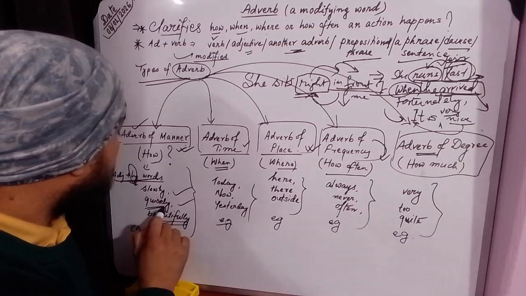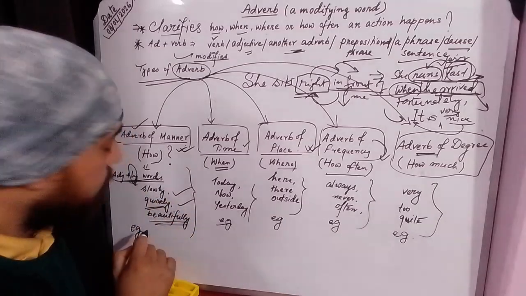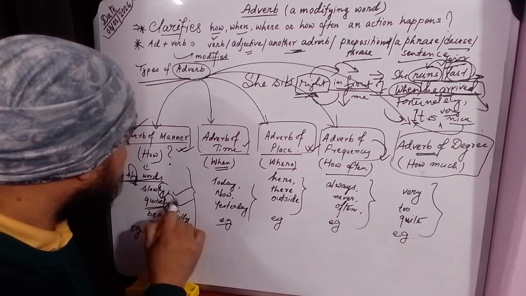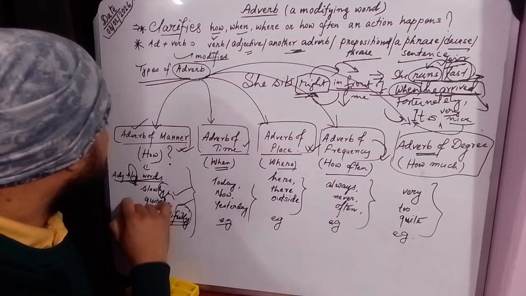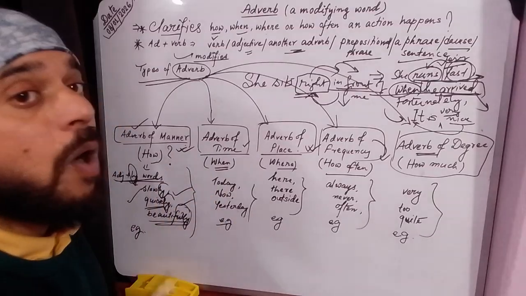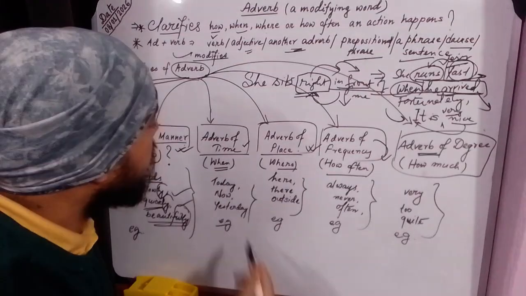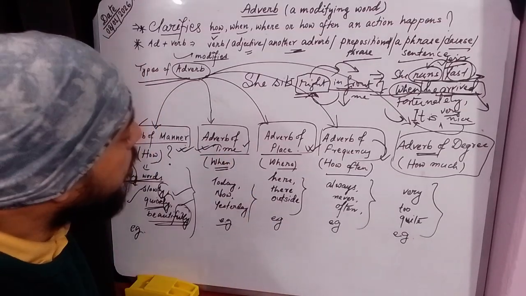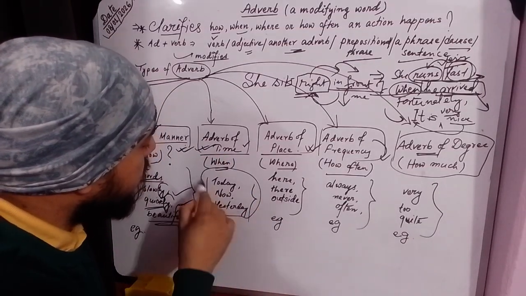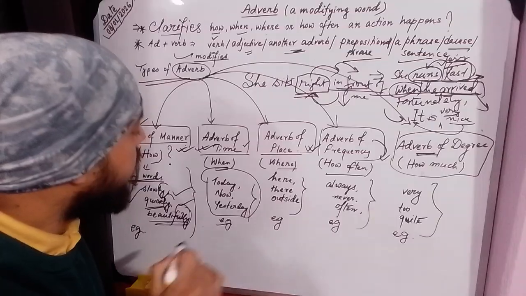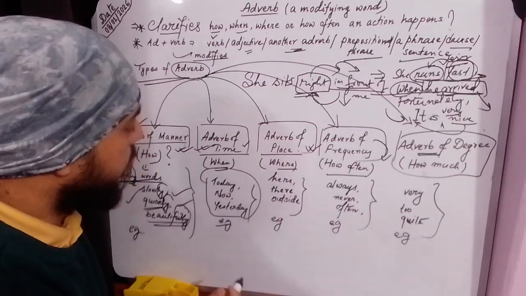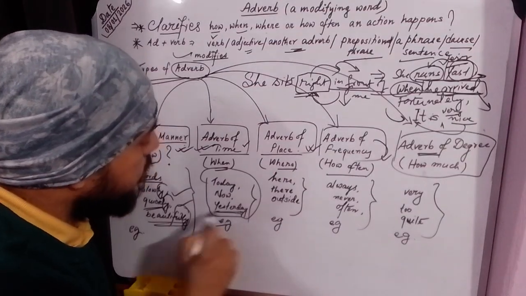He plays quickly. So these ly words are examples of adverb of manner, how the action is happening. Next comes adverb of time, today, now, yesterday, in a sentence. I went there yesterday, so that is time.